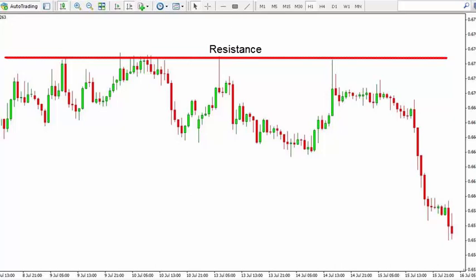At this point, the bears, which are the red candles, outperformed the bulls, which are the green candles, and selling became so strong that it prevented the price from rising further. If price is rising and reaches a resistance level, price can be expected to bounce. At this area, you can see every time it came up to this level, the sellers said, wait, not so fast, and they started to sell the currency pair and push it down.